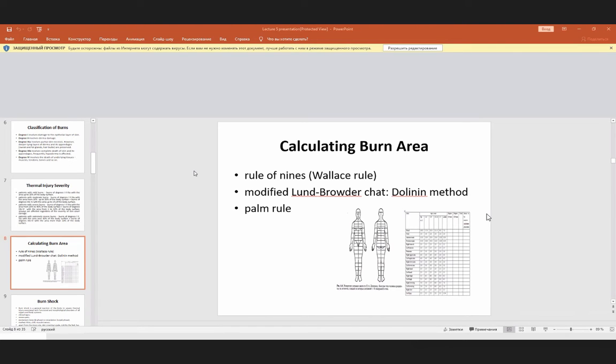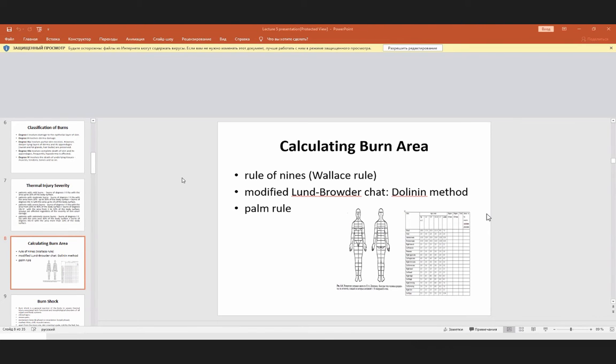In specialized hospitals, they use the Dolan method. The method involves drawing human body contours in the patient's medical record. They are divided into segments, each of them amounting to 1% of the body surface.